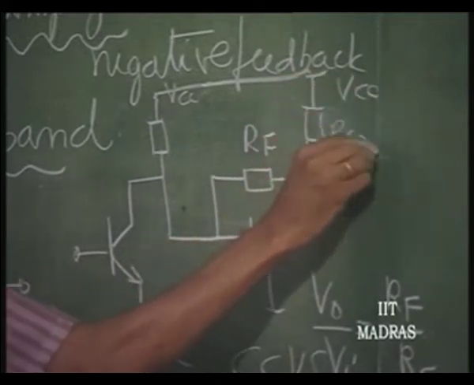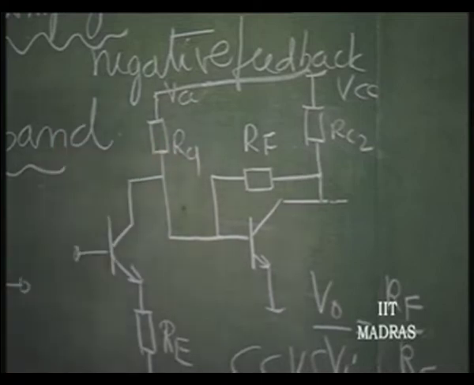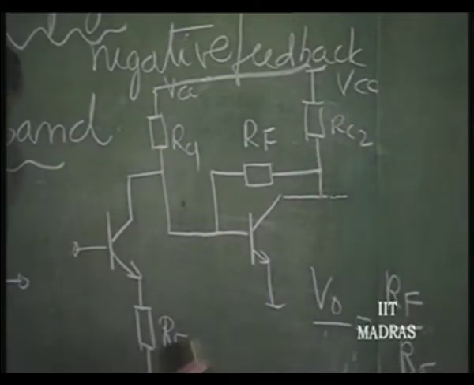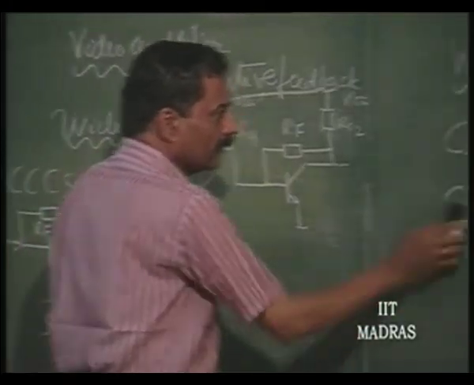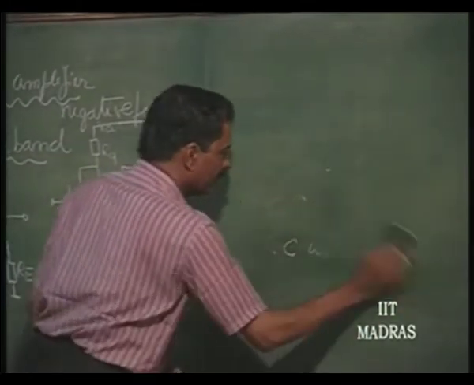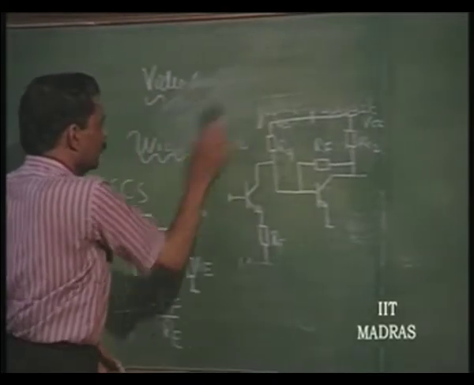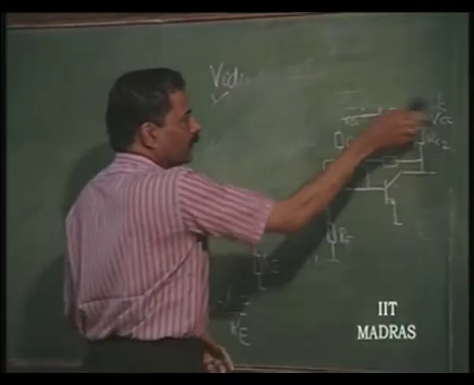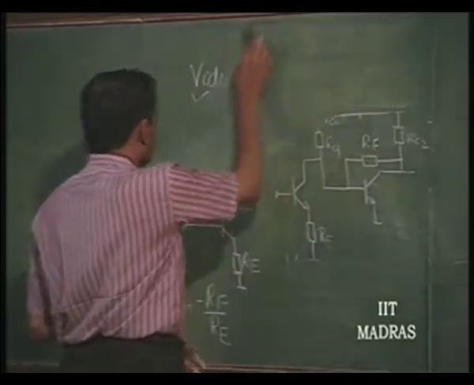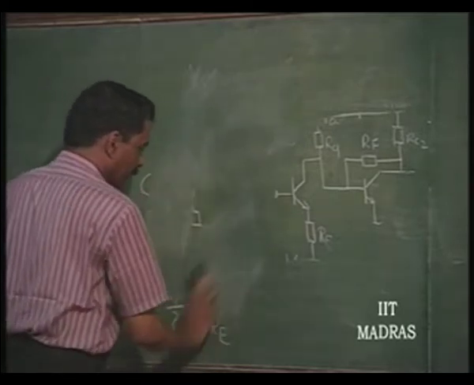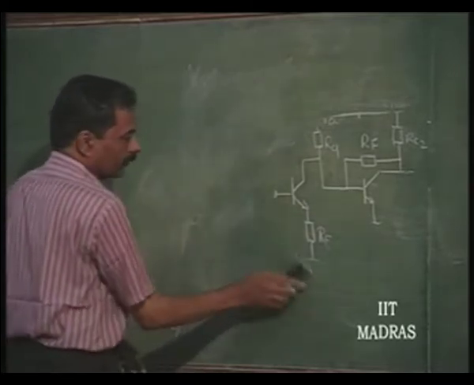So, this is RC2, this is RC1, and I just want to indicate how this can be converted into an IC without using capacitors, bypass capacitors, etc.